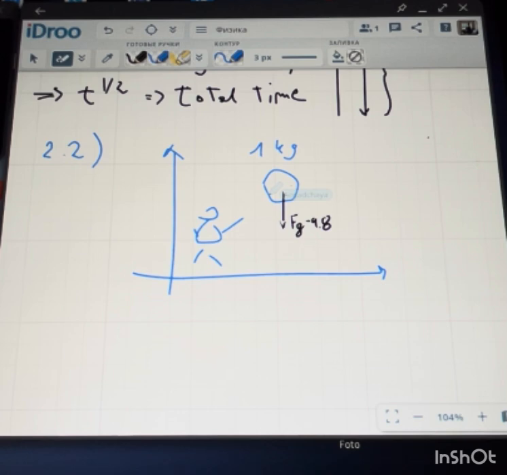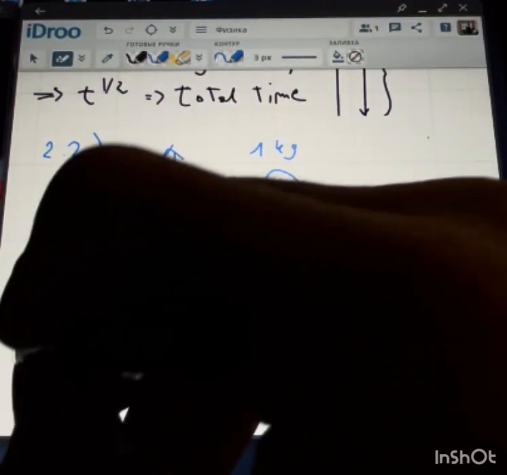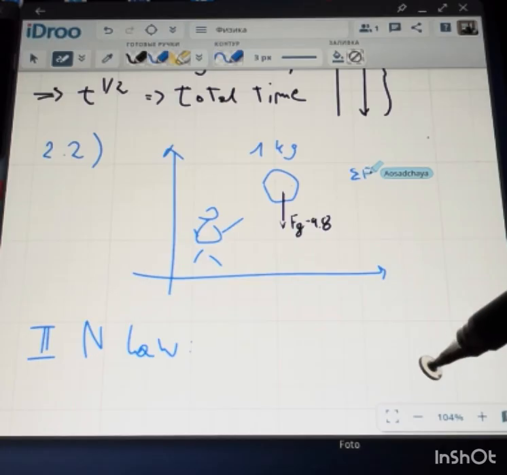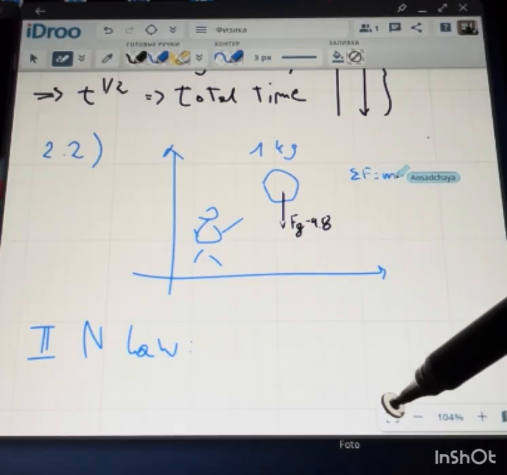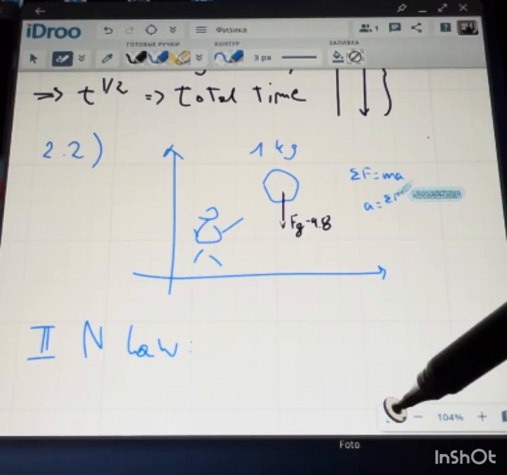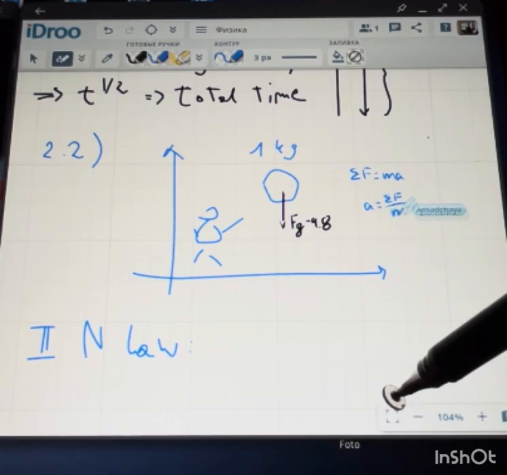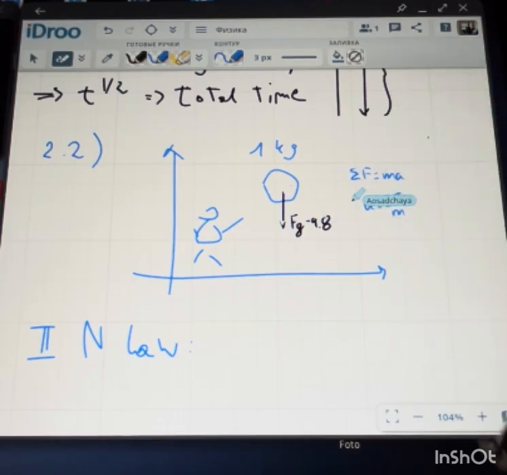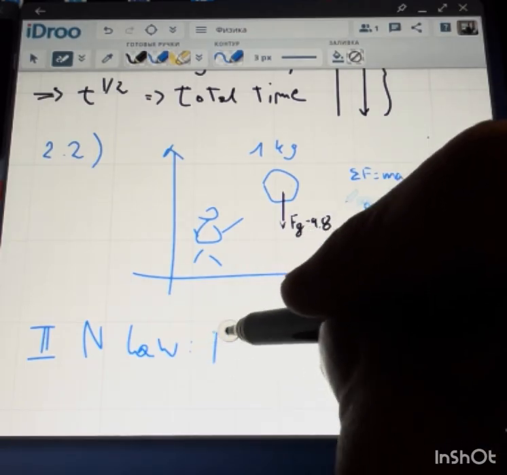Do you know any easy formula linking acceleration and force maybe? Amazing. Yeah, that's fine, because we usually use the second one. You forgot two things though.